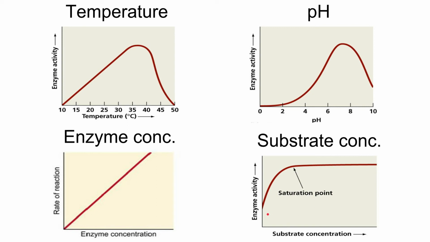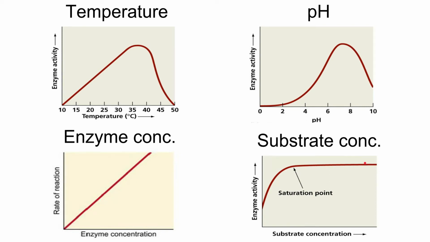But if you think a little bit harder, what you should realize is that if we've got a set concentration of enzyme in there, we're going to get to a point where we've increased our substrate concentration to such a level that the enzymes are working at their maximum rate. And any further increase in substrate concentration is not going to increase the rate of reaction.